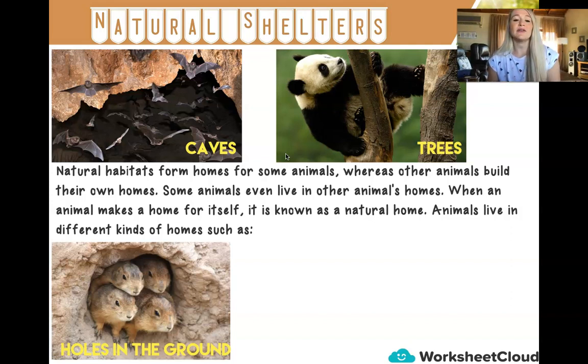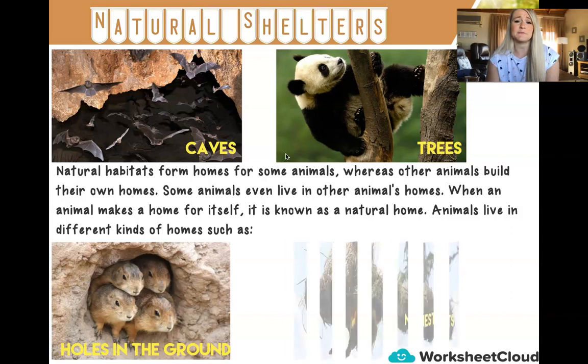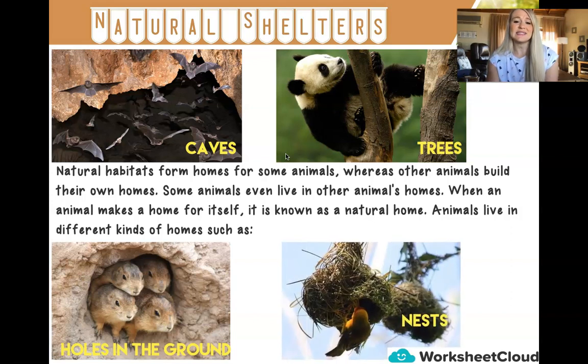We also have ants and earthworms and insects and things that also live in the ground as well. And then nests. So nests can also come in many different forms. Nests can be made, and I'll come back to nests, but they can be made using plant material, or they can be made using mud. There's certain birds like swallows that make their nests from mud.